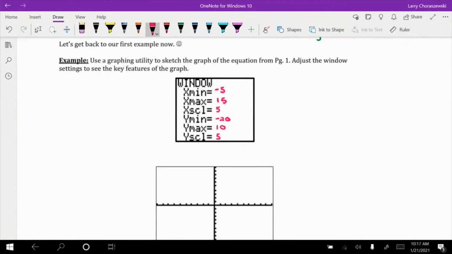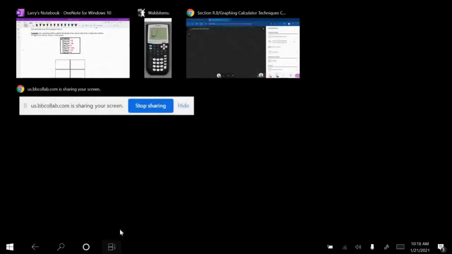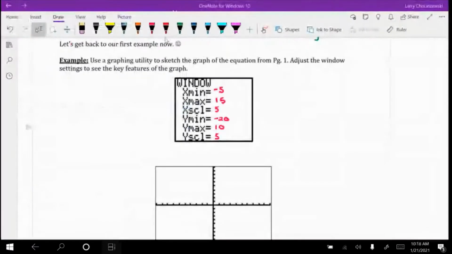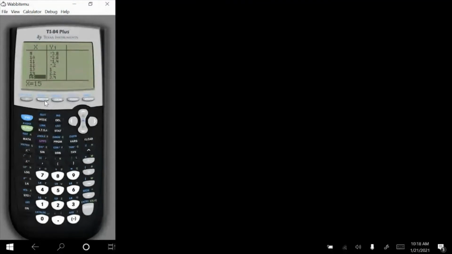All right. So in our graphing calculator, let's press the window key, and we'll adjust these settings.